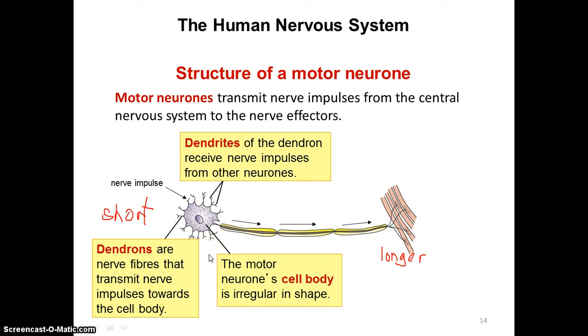They are the nerve fibers that transmit the nerve impulse towards the cell body. In this case, the motor neuron cell body is irregular in shape. This is the cell body for the motor neurons. The nerve impulse travels initially from the dendrons through the cell body, then moves on to the effector, or the skeletal muscles in this case.